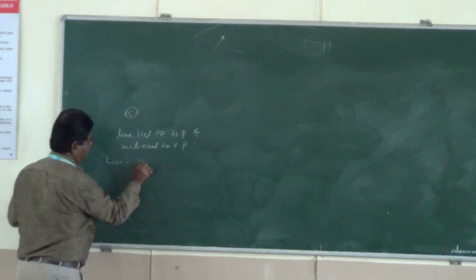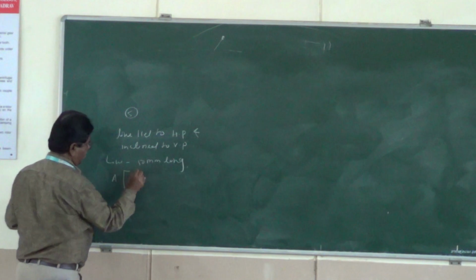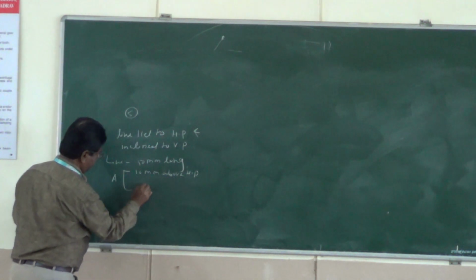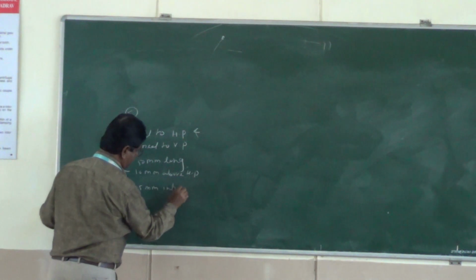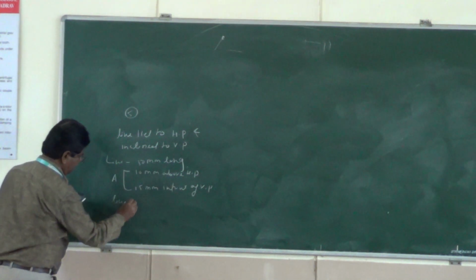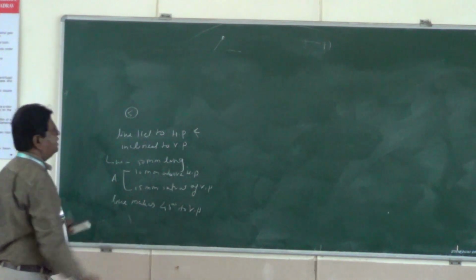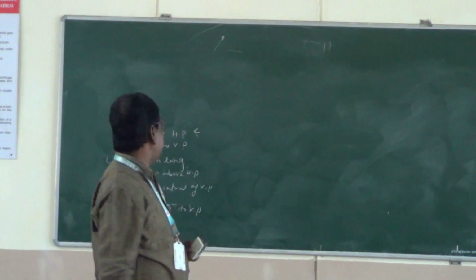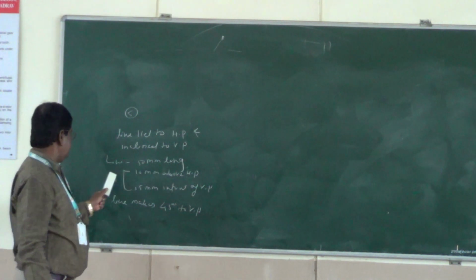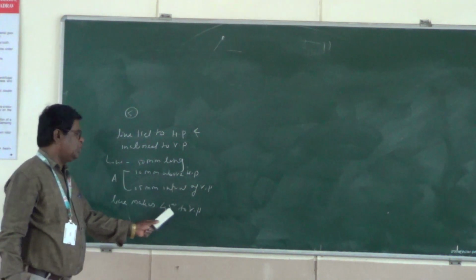Line 50 mm long, point A 10 mm above HP, 15 mm in front of VP, and the line is inclined 45 degrees to VP.